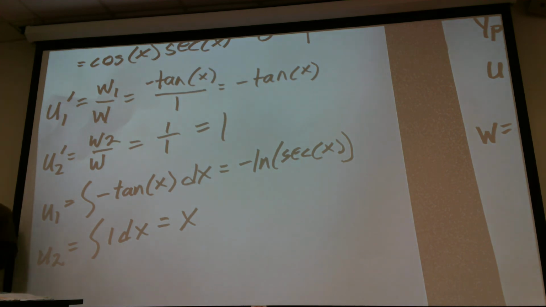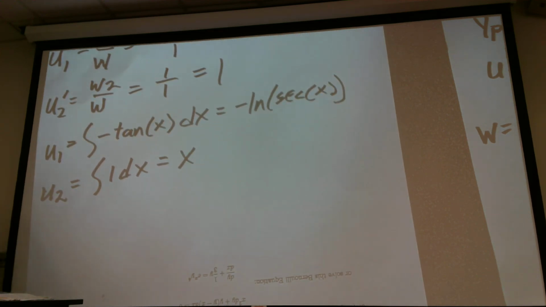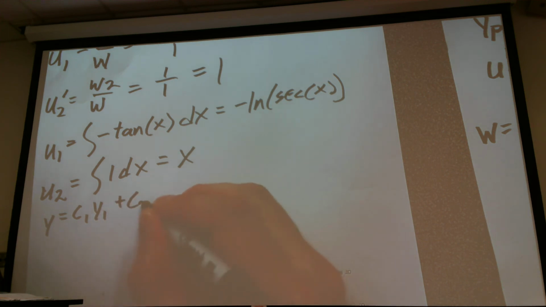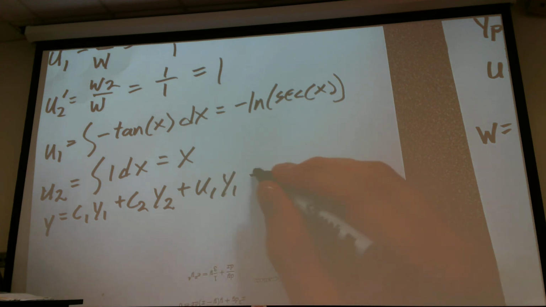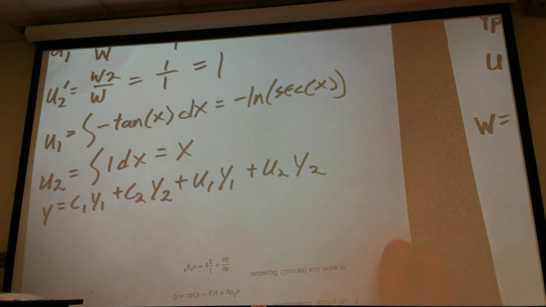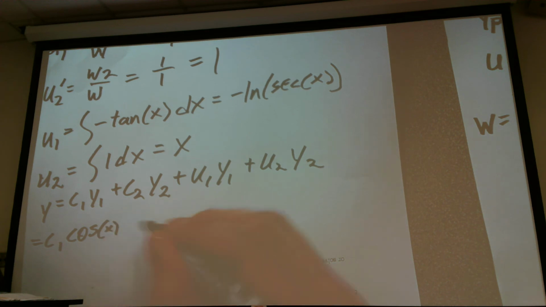Now remember that y is going to equal c1 y1 plus c2 y2 plus u1 y1 plus u2 y2. So this is going to equal c1 cosine of x, where y1 was cosine of x, plus c2 sine of x, where y2 is sine of x.